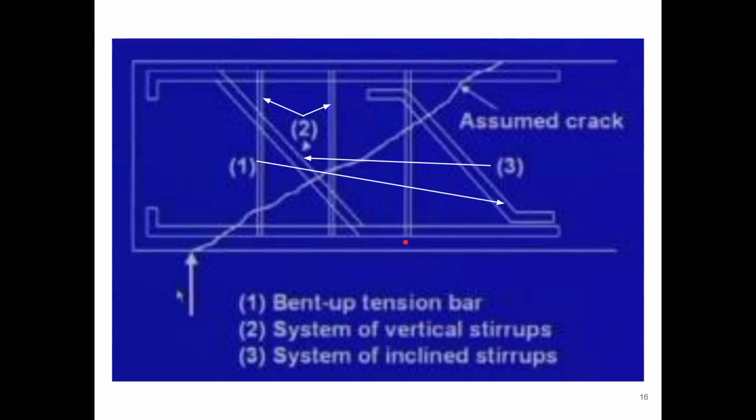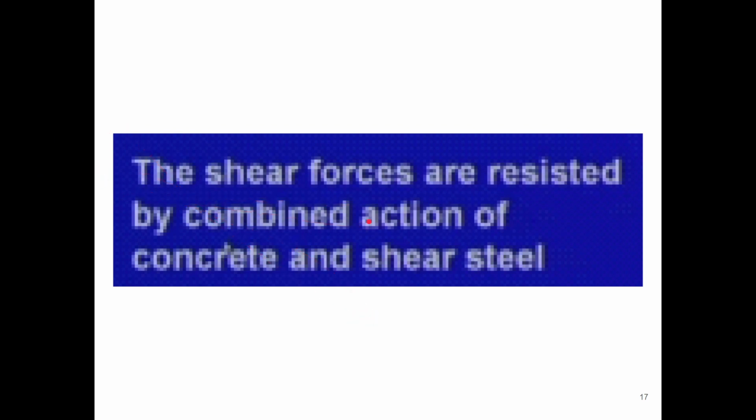Then the shear forces are resisted by the combined action of concrete and shear steel. Basically, the shear force due to the design loads will be taken by both the concrete and steel. But the concrete and steel are not always capable of fully taking the shear forces.